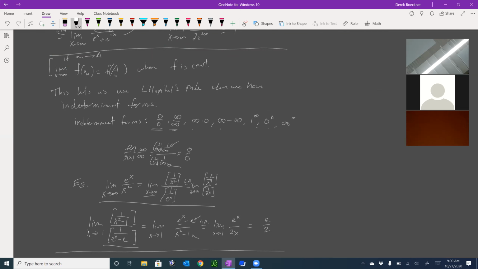These are all indeterminate forms because if you follow one rule, it's going to be one thing. If you follow another rule, it's going to be another thing, right? 1 to any power is 1, but if I take things that are bigger than 1 an infinite number of times, even if they're really, really close to 1, it's going to end up somewhere between 1 and infinity. That's kind of how that works.